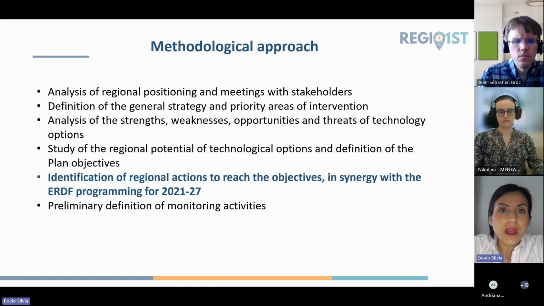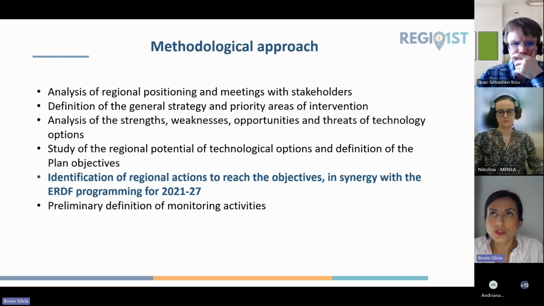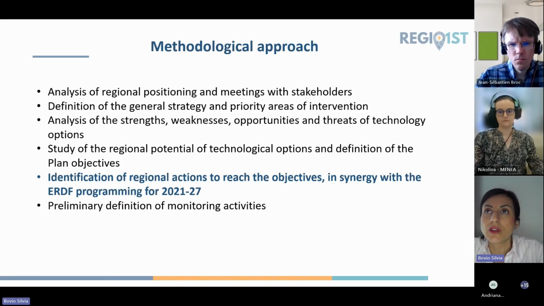accept and adopt. A couple of words about our methodological approach in the drafting of the regional plan. The first one is that we analyze the regional positioning through meetings with stakeholders, and on the basis of these meetings with the main stakeholders of the region, we elaborate a definition of the general strategy and the priority areas of intervention of our plan.